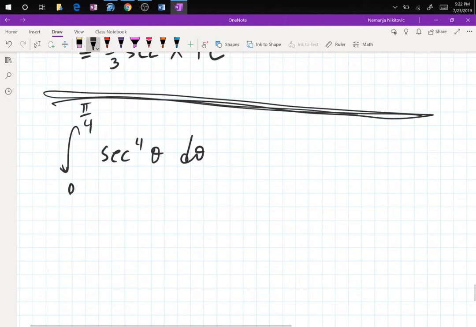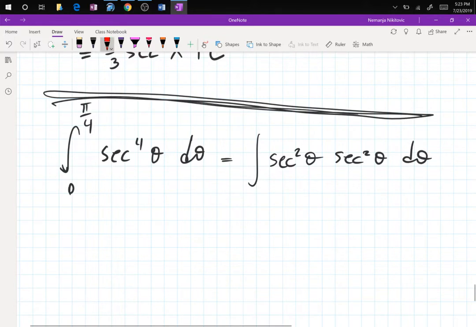Pretty much after that, I don't know which path would be best for distributing. Well, there's only one way to distribute. So your idea is to write two secants and then transform one of the secants, right? So you want this one to be 1 plus tangent squared.